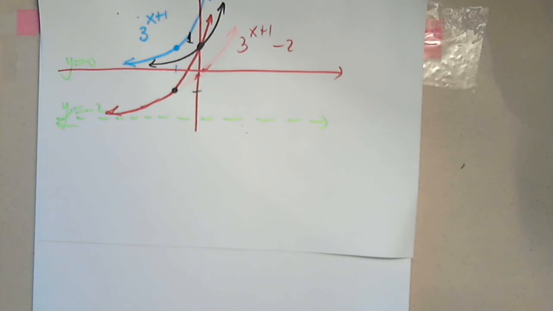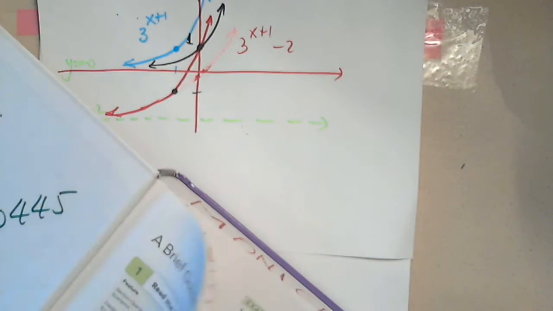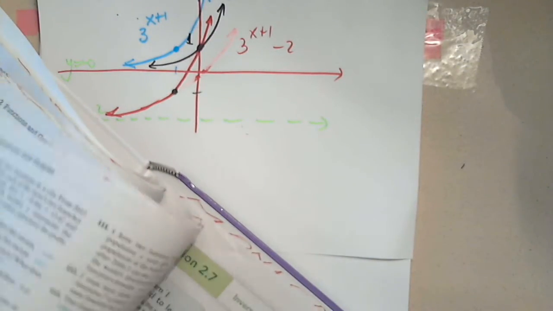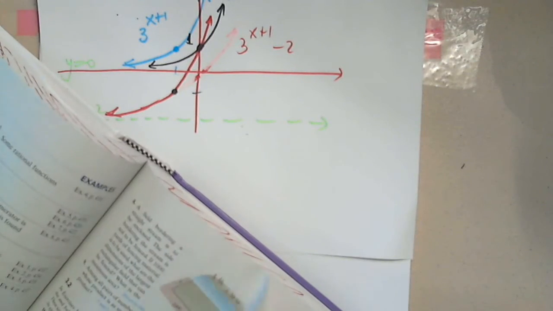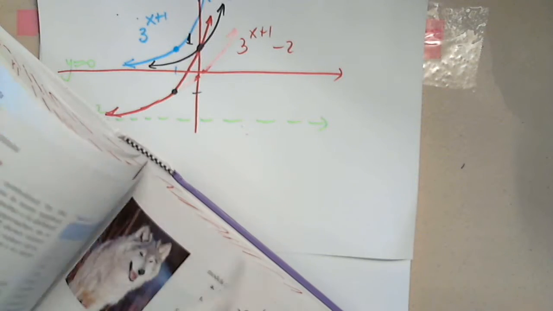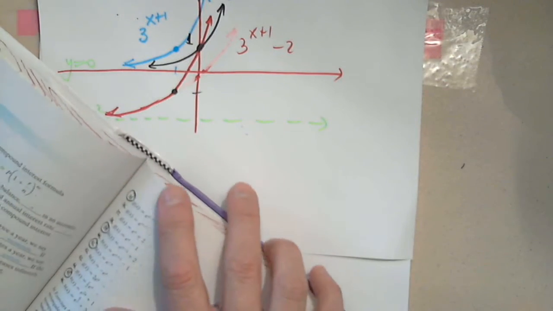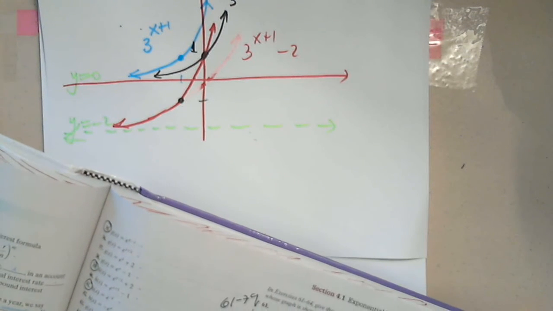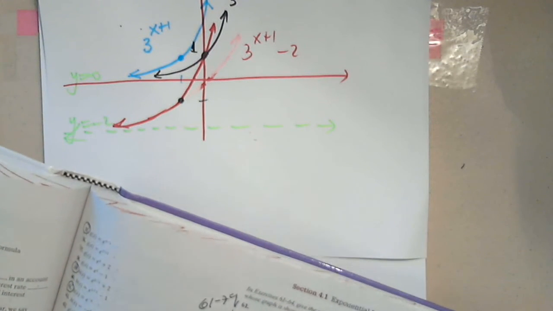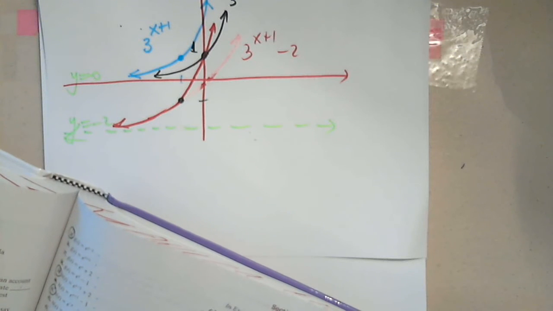Any questions? I want to look at the book, just a couple of questions from section 4.1, because there are tremendous applications here, very interesting. Section 4.1 starts on page 474, and I would like us to look at a word problem to see when we apply exponential functions.